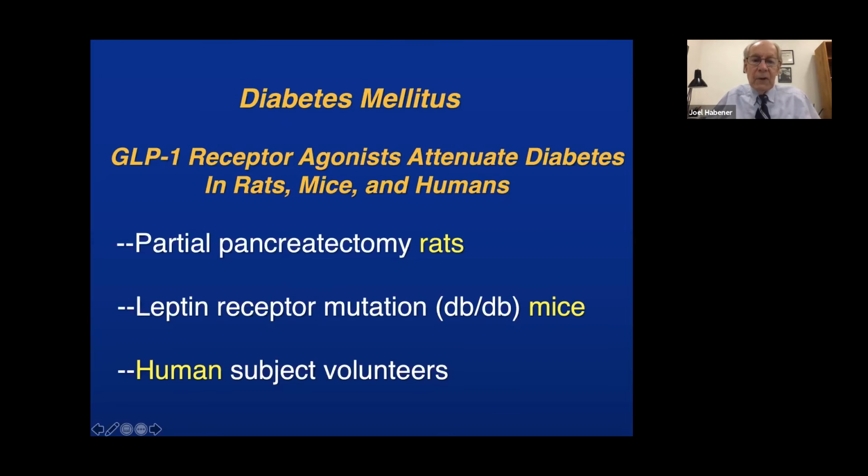The partial pancreatectomy rat model done by Susan Bonner-Weir at the Joslin Clinic, and the leptin receptor mutation, the db mouse model of diabetes, which was done in collaboration with Josephine Egan at the National Institutes of Health, and the human subject volunteers.